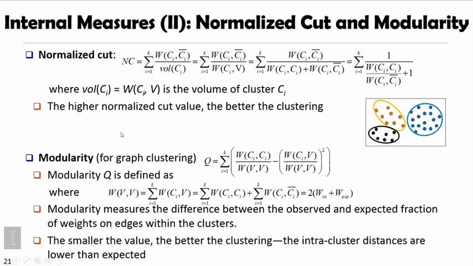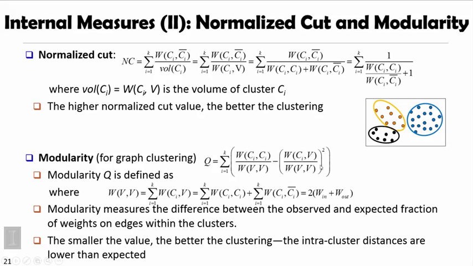Then there's another definition called modularity. This is especially popular for graph clustering. It is defined in this way. You perceive this part is the same as the normalized cut formula. But this part is a square of this. So that simply says this one is the observed fraction of the weights within clusters.